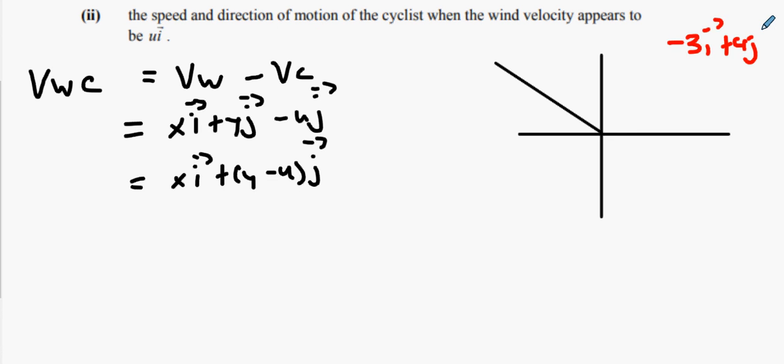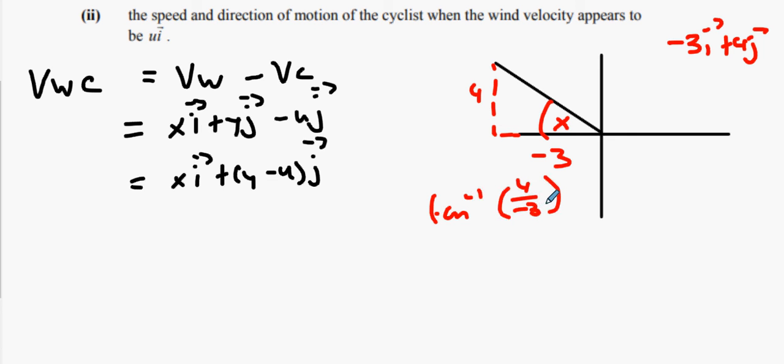And if I tan inverse, it's still 53.13, but if I tan inverse 4 over minus 3, I won't get 53.13. I'll get the obtuse angle, which is 126.87.